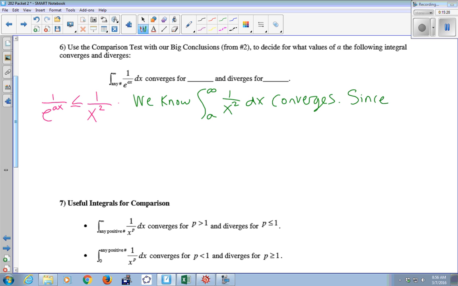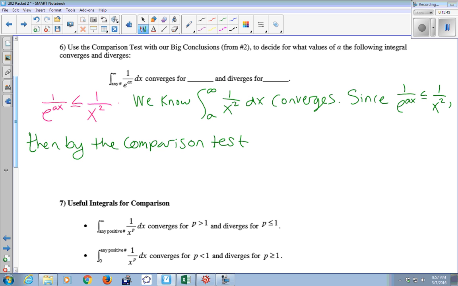And then I'd say since 1 over e to the ax is less than or equal to 1 over x squared, then by the comparison test, the integral of 1 over e to the ax dx must also converge.